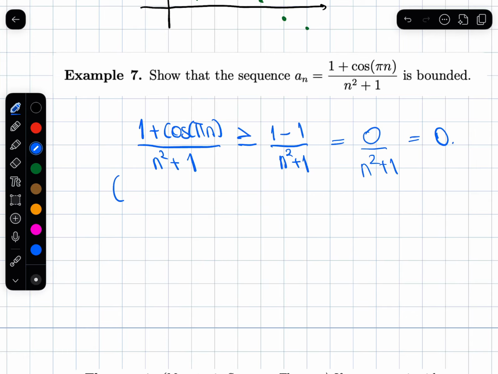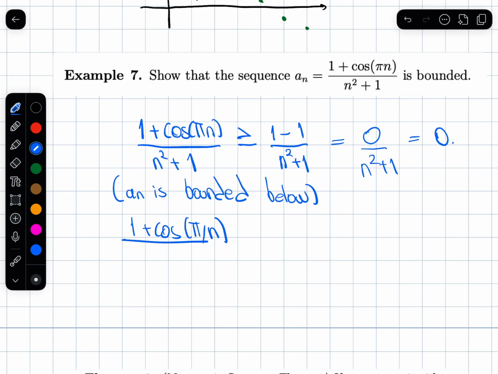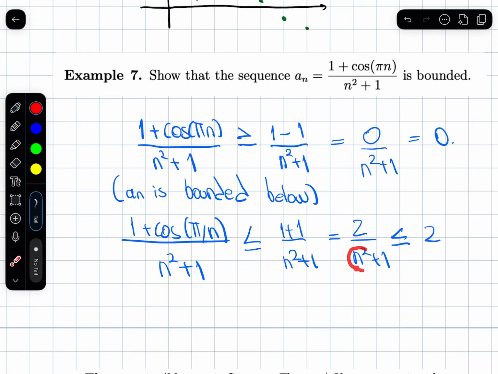So the sequence is bounded below, and on the other hand, I can also say that my sequence is less than 1 plus 1 over n squared plus 1, which is 2 over n squared plus 1, which is in particular less than 2. I'm dividing 2 by something. This something is bigger than 1 because it's n squared plus a positive. So this is going to be less than 2.